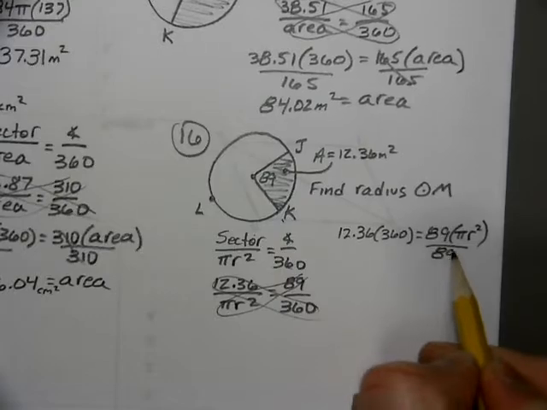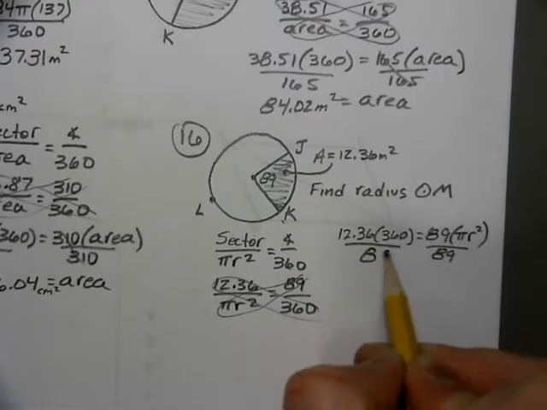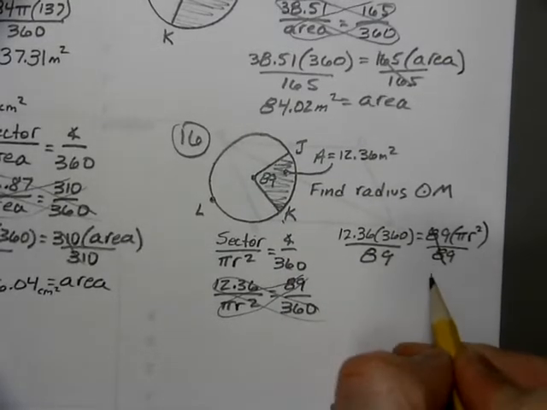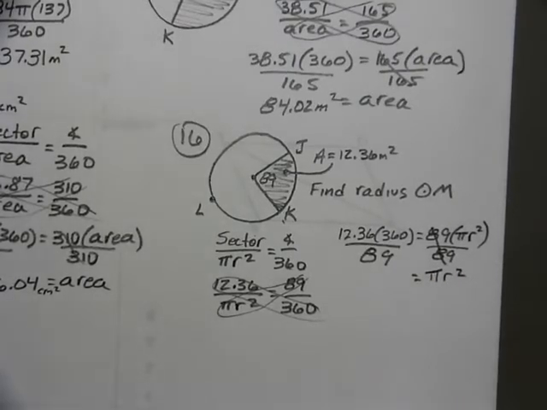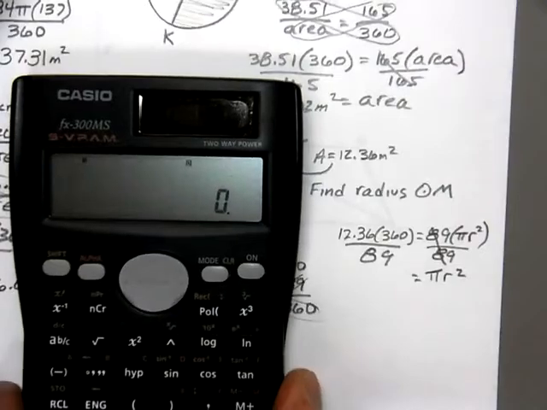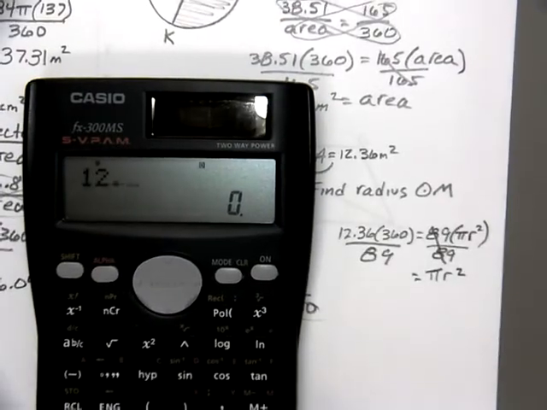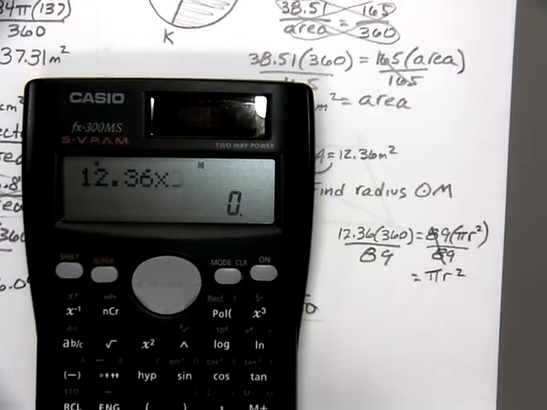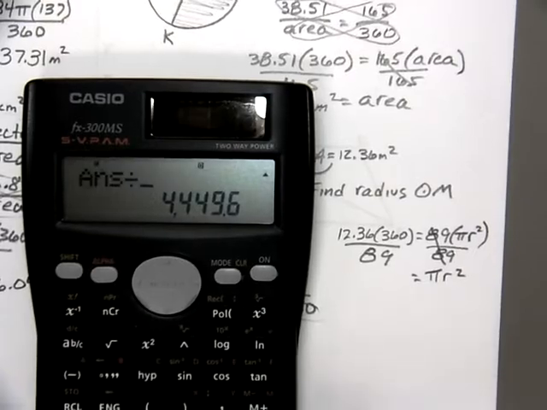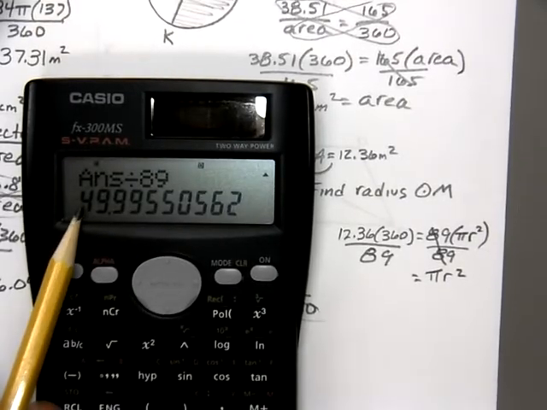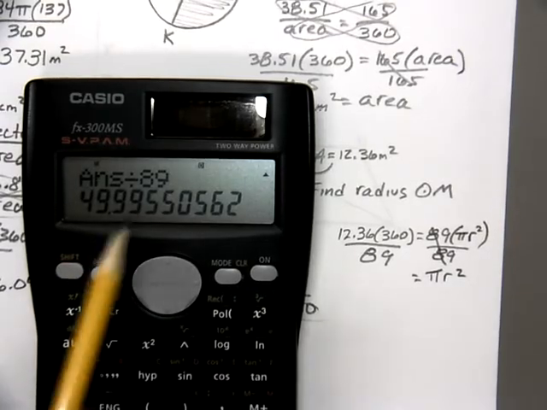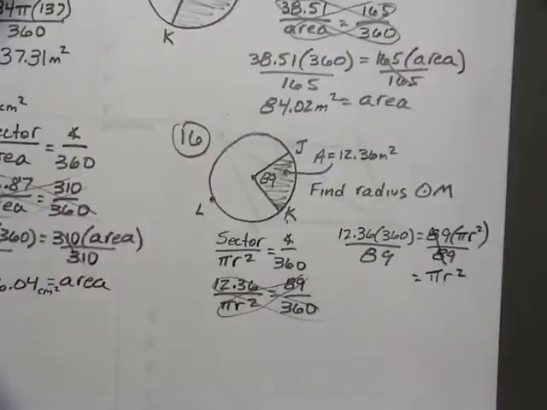Divide by the 89, and we're left with just the pi r squared. So we'll take 12.36 times 360, divided by 89, and we're getting an answer of 49.99. And if we round by the next number, that will come out to be 50 even.